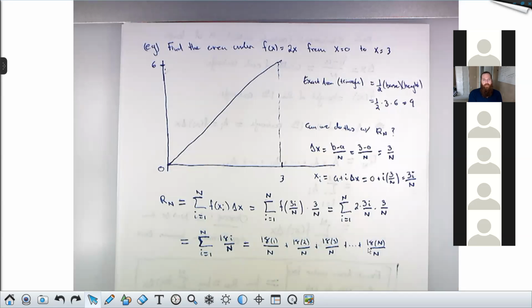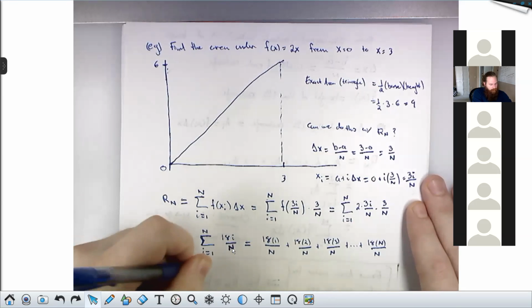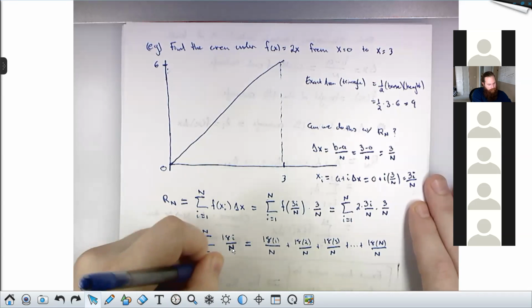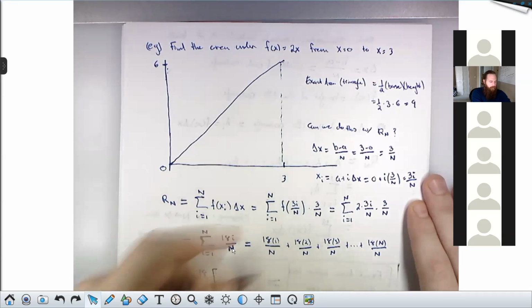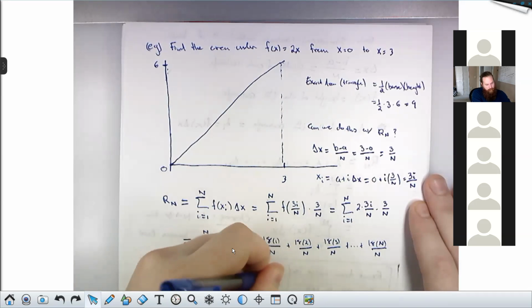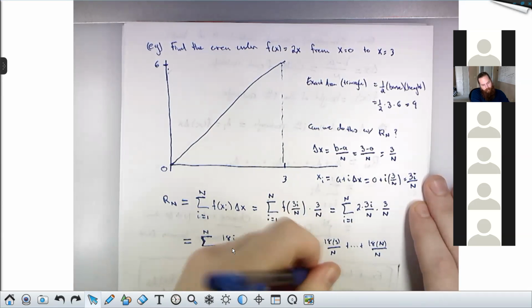I can factor an 18 from the top and an n from the bottom. So this is the same as 18 over n times what's left here, which is just 1 from this guy, 2 from this guy, 3 from this guy, all the way out to capital N from the last guy.